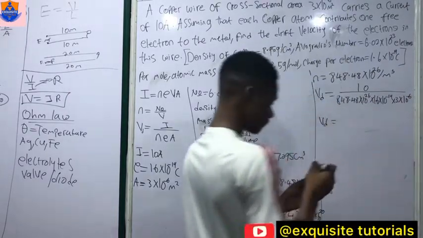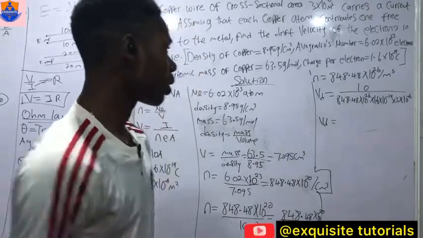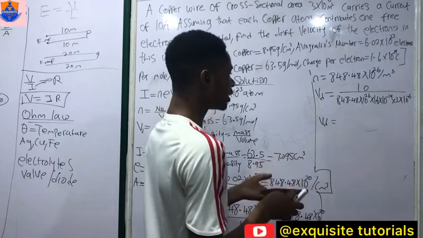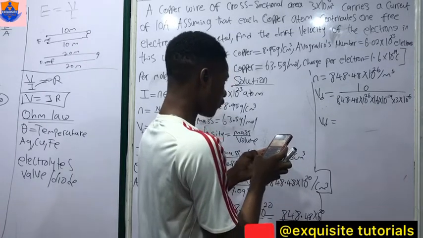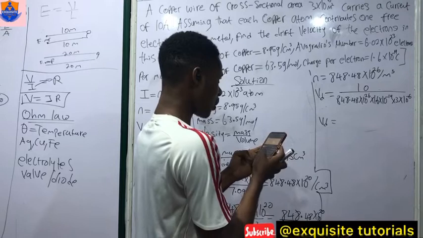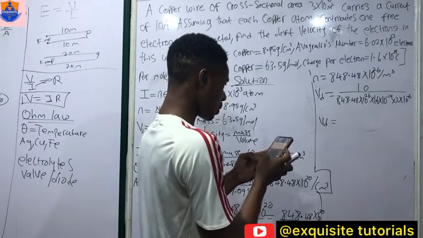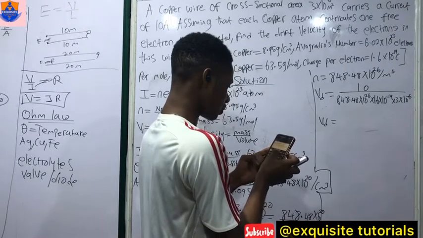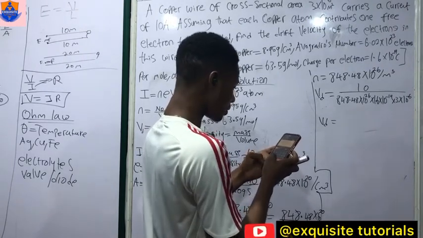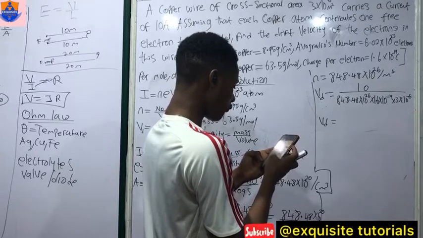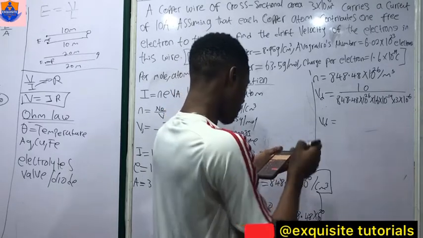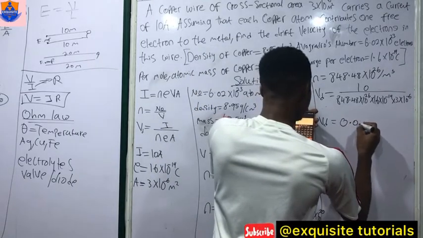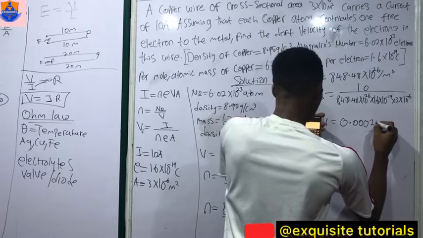Now from here, we are going to solve everything using our calculator. So we have 10 divided by 848.48 times 10 to the power of 26 times 1.6 times 10 to the power of minus 19 multiplied by 3 times 10 to the power of minus 6, and that will give us 0.000245.